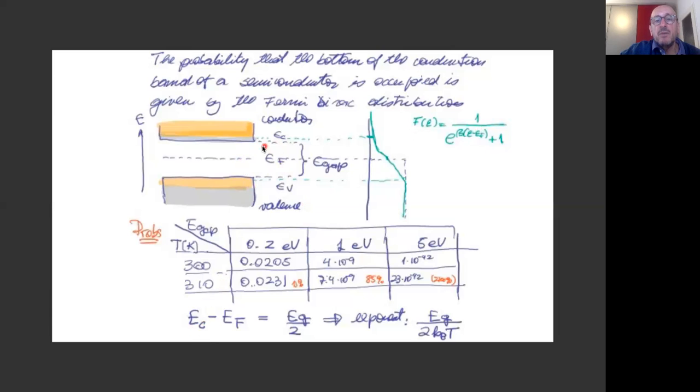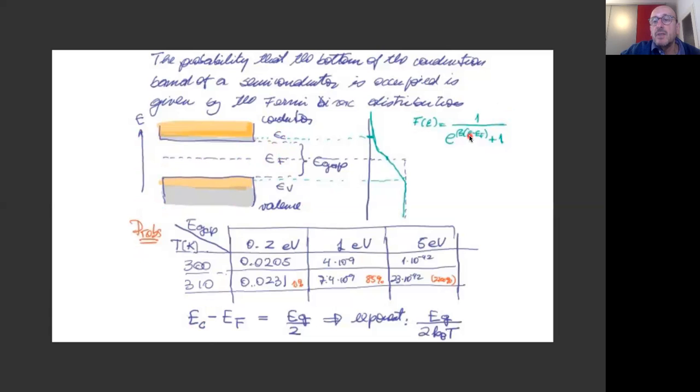The energy will be equal to EC, the bottom of the conduction band. This is the axis of energy, so 0 is down here. This is EF. This is EC.